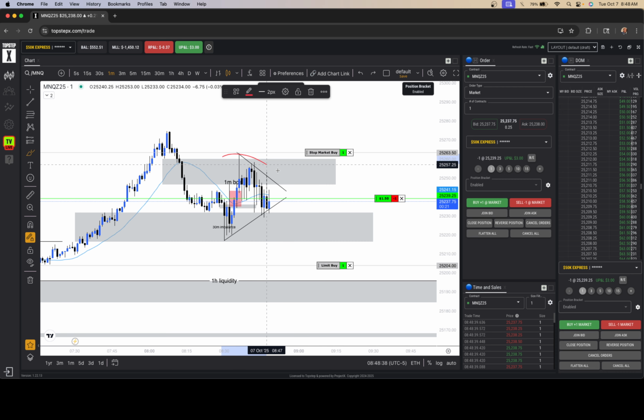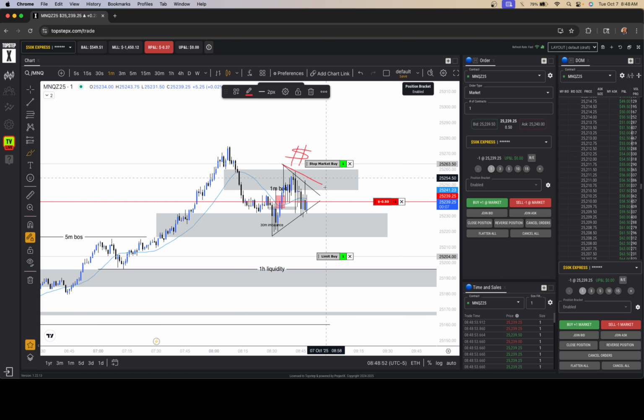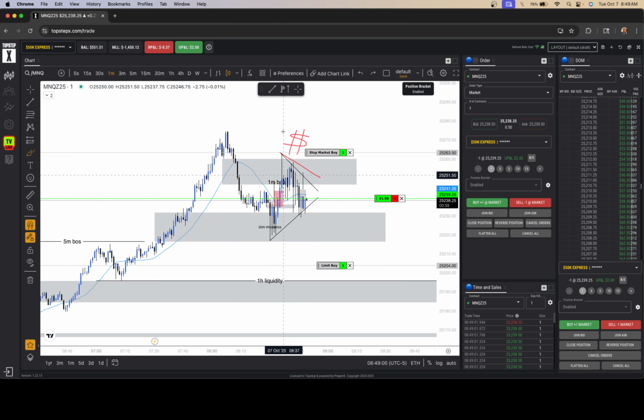So now that we're kind of pushing down here, that is a good sign, but we have to actually go down. We haven't yet. We're kind of making the equal highs right now that we could target later in the day. And if we could get a push and a manipulation down, then we can take out the equal highs later. So that's kind of my whole goal for this entire setup right now.